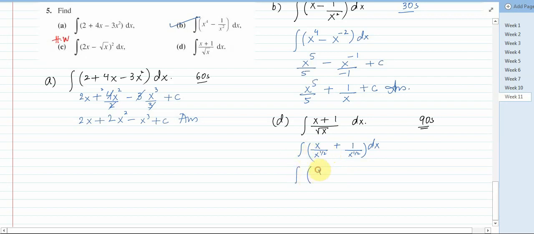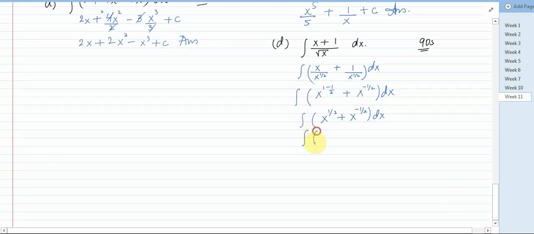In the numerator we have x to the power 1, and this 1 upon 2 will shift to the numerator and change its sign, it's minus 1 upon 2, plus x to the power minus 1 upon 2 and dx. Now my equation is simplified and ready to integrate. So the leftover is x to the power 1 minus 1 upon 2, it's 1 upon 2, plus x to the power minus 1 upon 2 dx. Now it is ready.